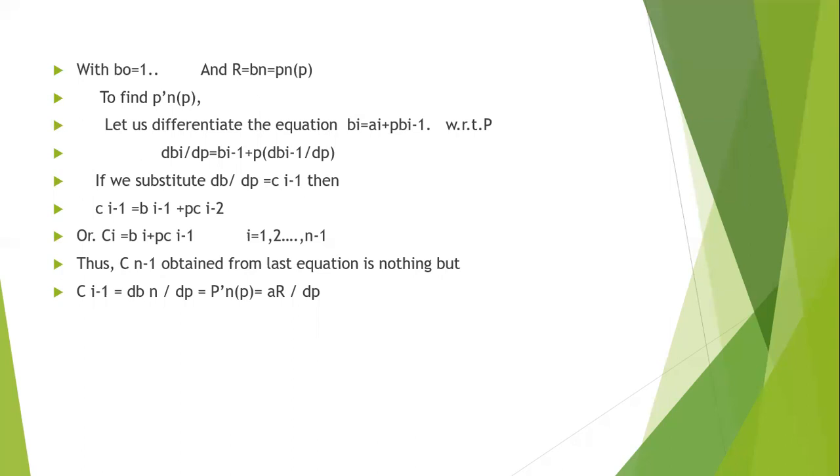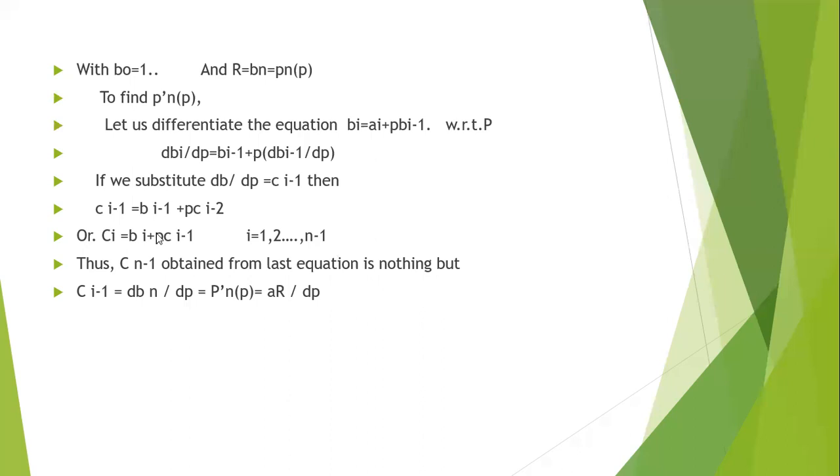To find P'n(p), let us differentiate the equation bi is equal to ai plus p b(i minus 1) with respect to p. dbi by dp is equal to b(i minus 1) plus p into db(i minus 1) upon dp. If we substitute dbi by dp is equal to ci, then c(i minus 1) is equal to b(i minus 1) plus p into c(i minus 2).